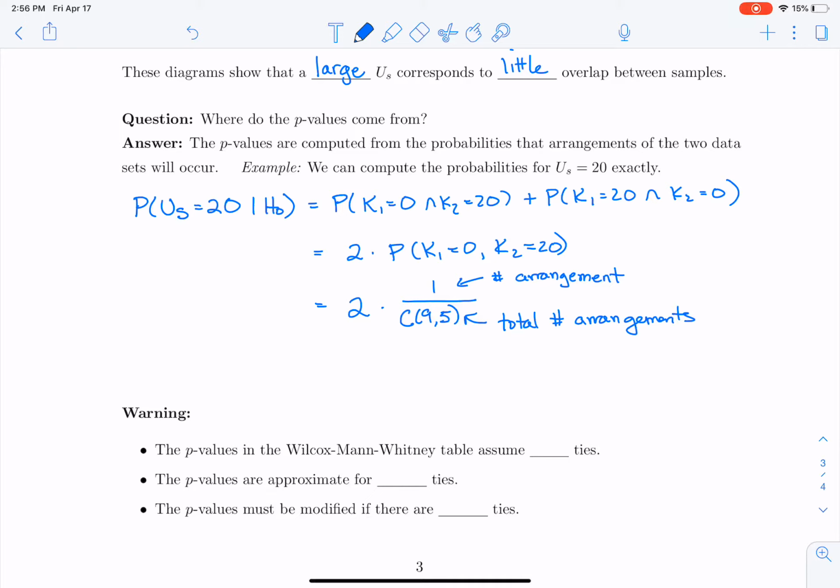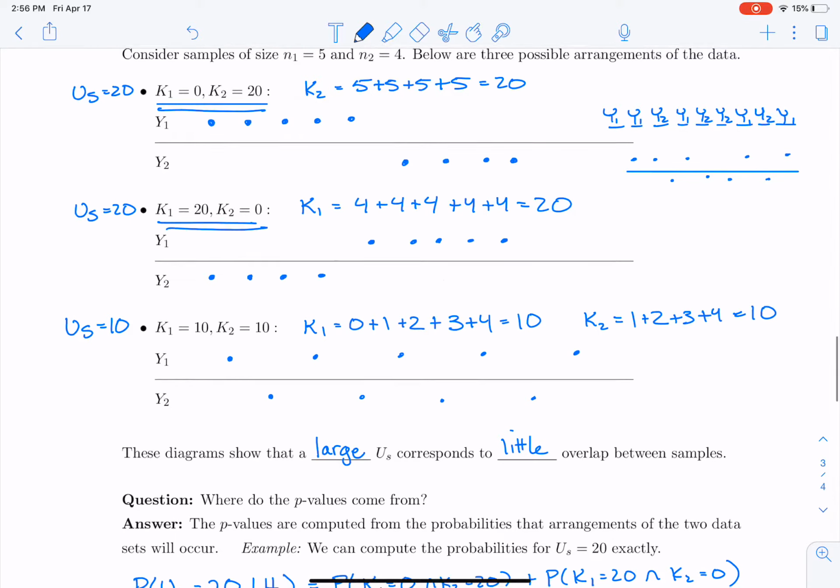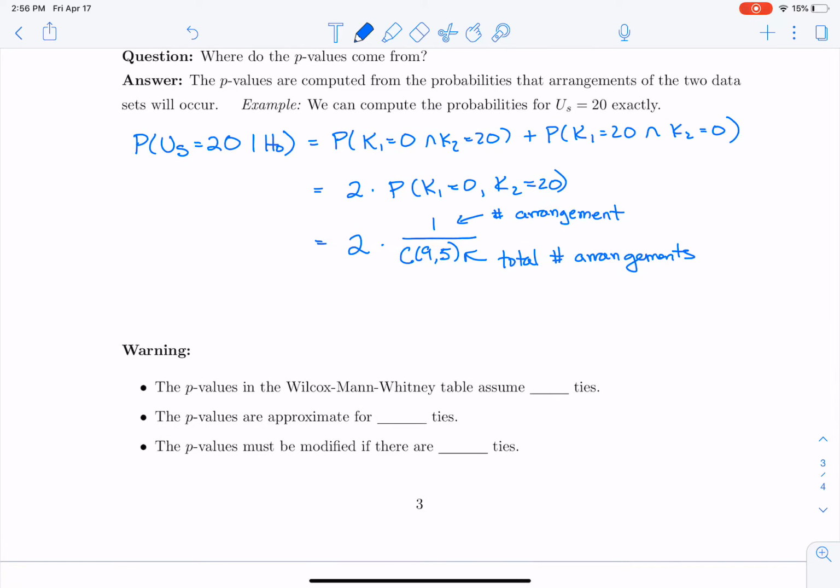So you can even think about the 2 as being the number of arrangements, because truly what I have is that this is one of the arrangements and this is the other arrangement that would give me that U sub S is equal to 20. Okay, so now I have the probability. It's 2 arrangements out of 9 choose 5.